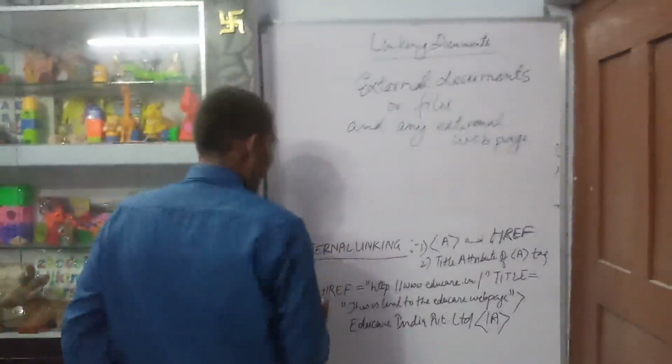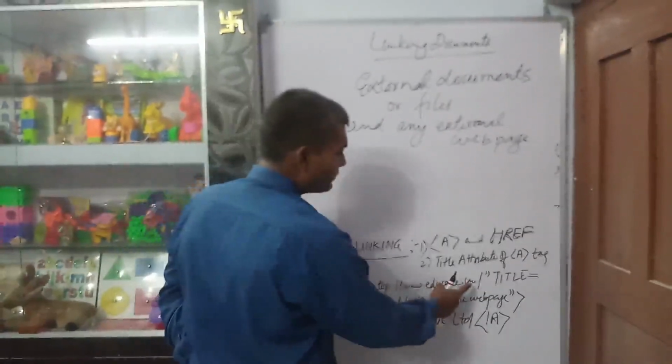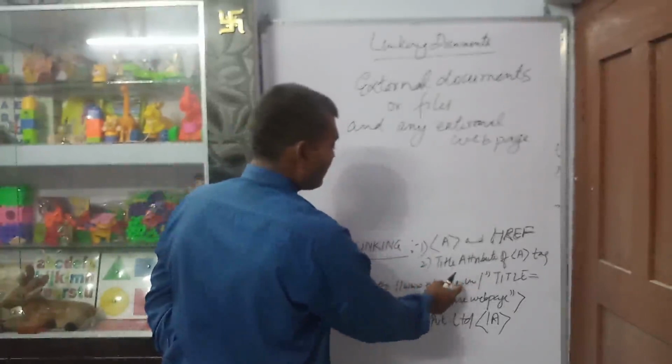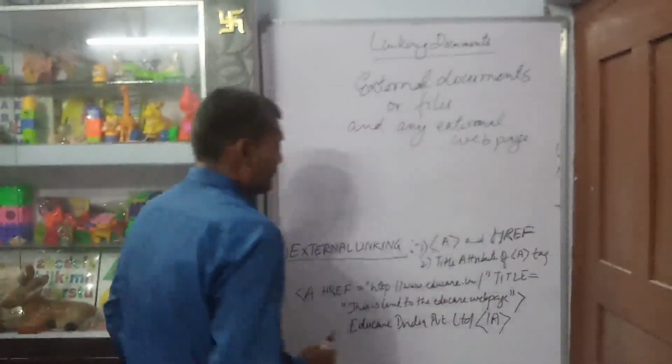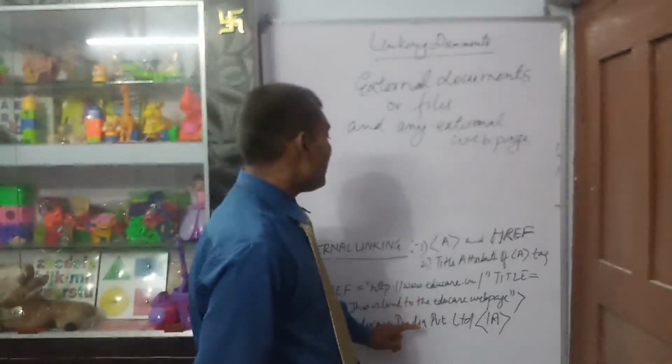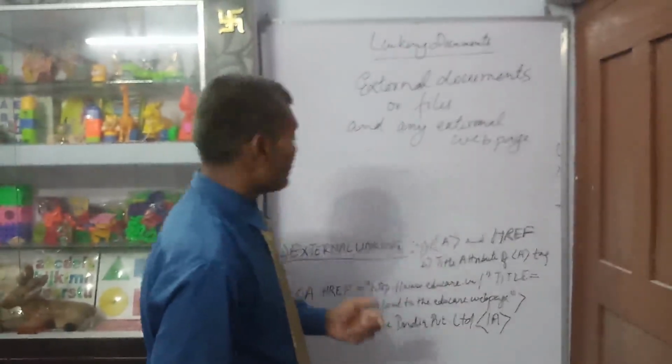Write the syntax as given here: a href equal to the URL of the web page, and title equal to "this is linked to the Educare web page", and then you write the source text, that is Educare India Private Limited, which is underlined on the web page. When the user clicks on this Educare India Private Limited, it redirects to educare.in and the external web page opens.